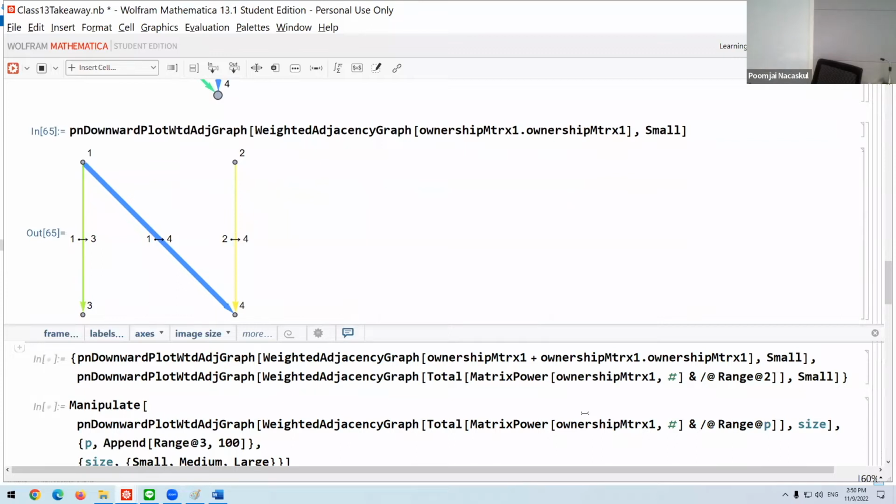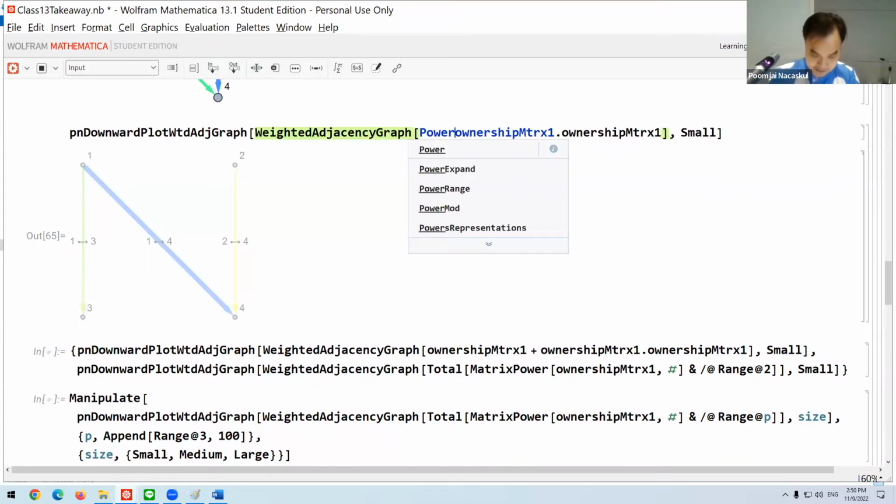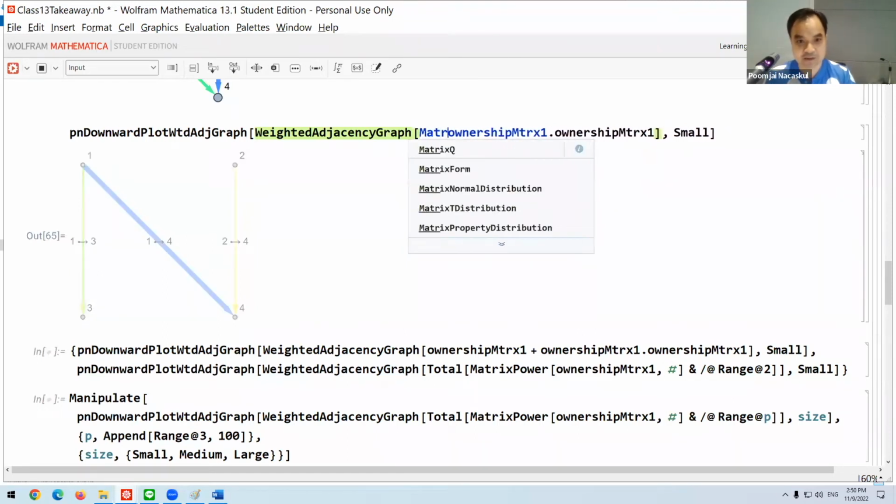So that's power 2 basically. So you can see that 1 owns 3, 1 owns 4, 2 owns 4. Obviously it's the same thing. Instead of doing this, I can say matrix power.